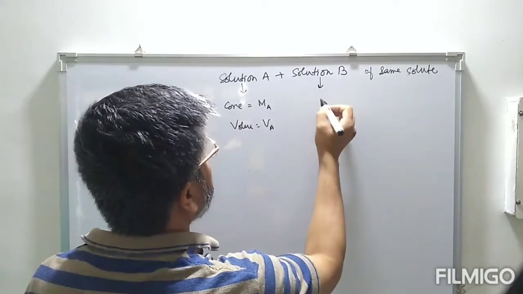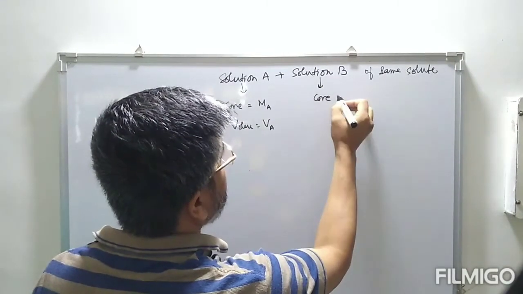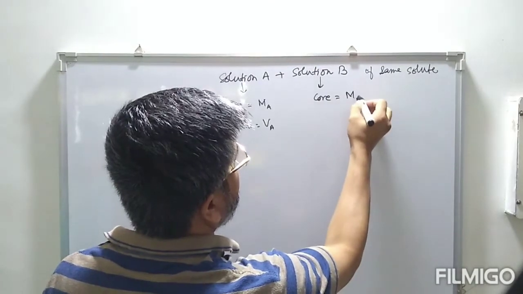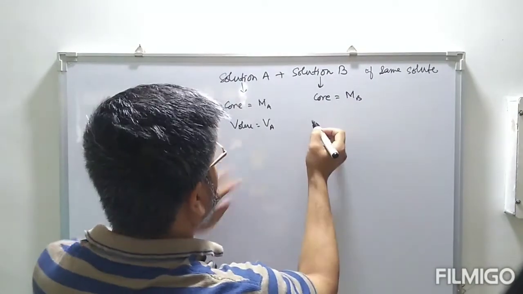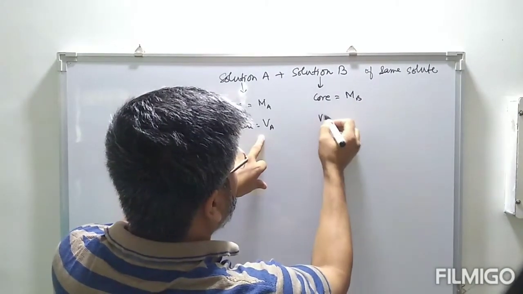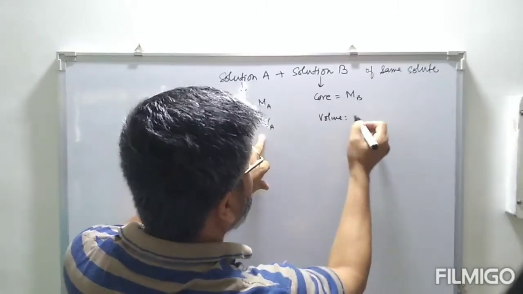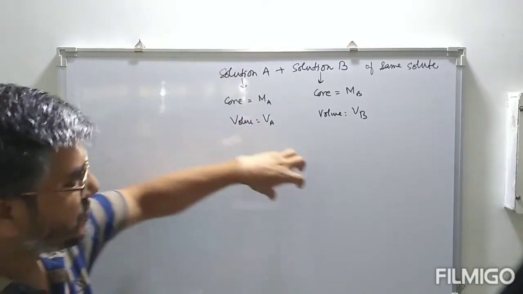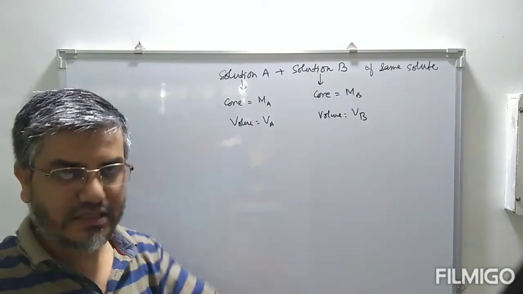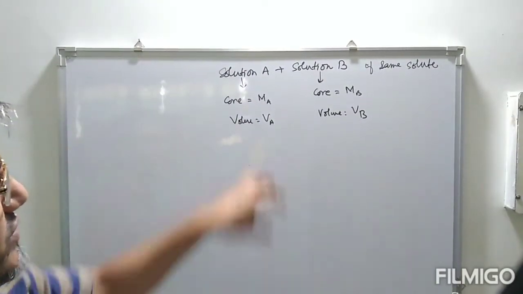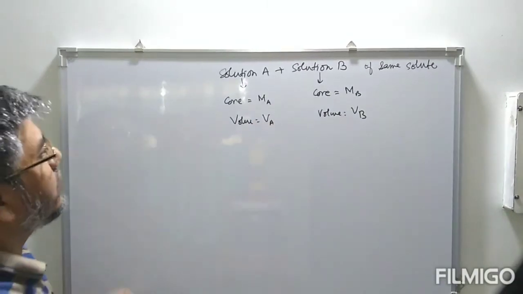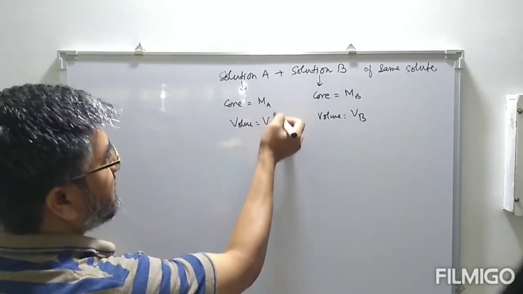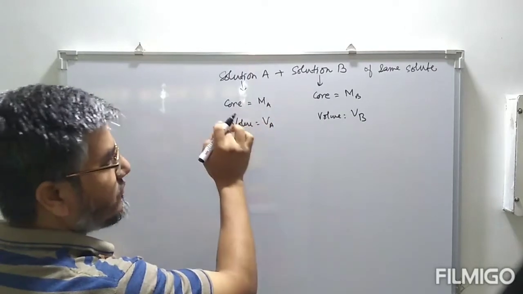For solution B, concentration is MB, volume taken is VB. Then after mixing of these two, what is the resultant concentration of this solute in the mixture? Now we have concentration in volume.